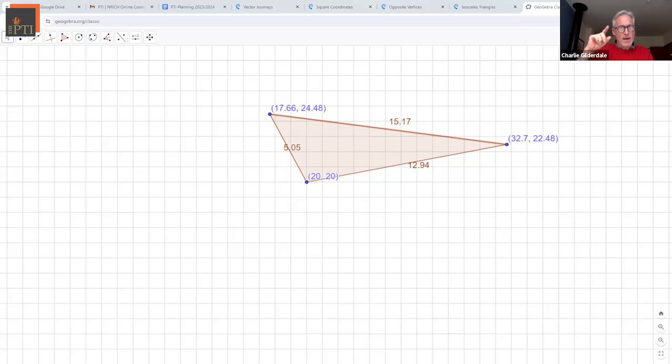So if you think of a typical isosceles triangle where the two angles at the bottom are equal and the third one is different, I think all the examples that have been posted have got the angle at 20,20 being the odd one out.